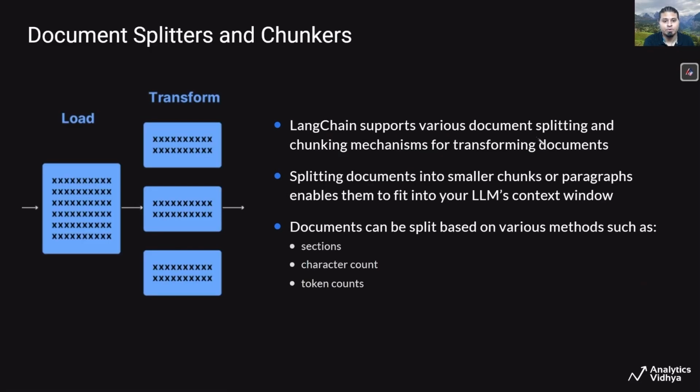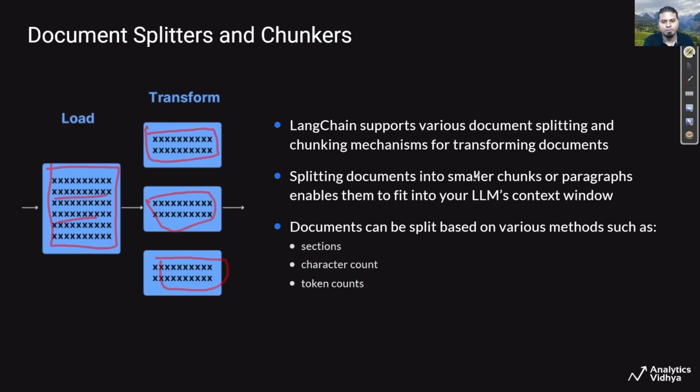Now, LangChain supports various document splitting and chunking mechanisms for typically transforming documents. The whole idea of splitting documents is, you have a large document, can you split it into smaller, more meaningful or more manageable chunks?